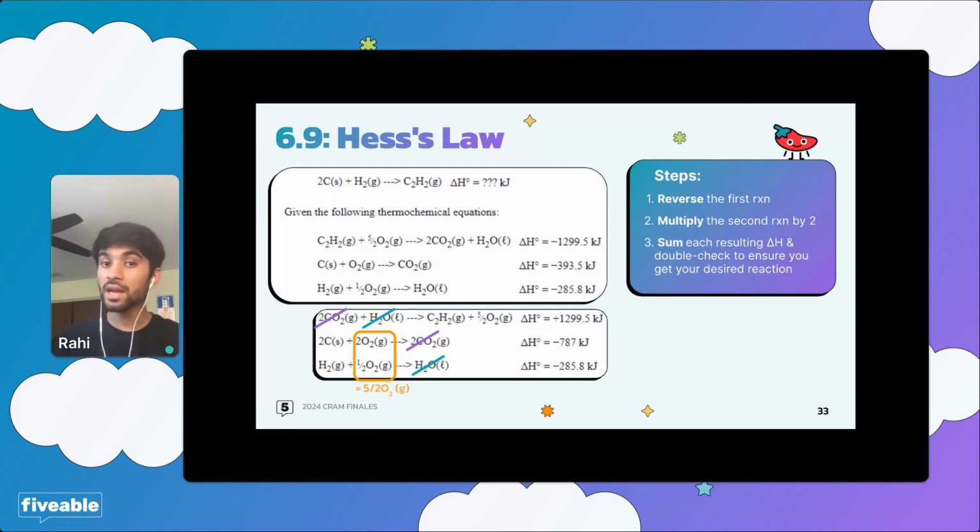And the reason that's okay is because you also have to multiply delta H. If I took this last reaction and went, oh my God, it has a half O2, I don't like that, and I multiply by 2 and I got 2H2 plus 1 O2 yields 2 H2Os, as long as I multiply delta H by 2 and keep everything else consistent and make sure everything fully cancels, not just appears on both sides, but cancels equal amounts, you will still get the same result. Because you'll be multiplying everything by the same amount, and therefore you're kind of negating that work. Does that make sense?